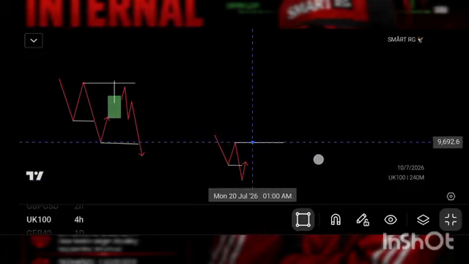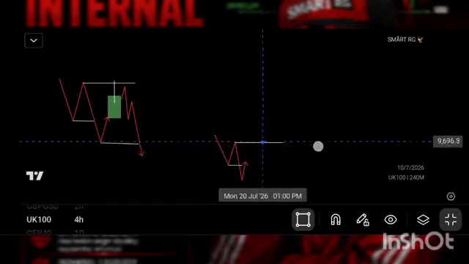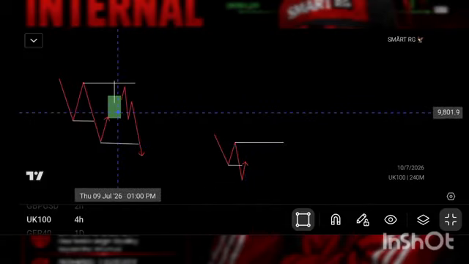So we are paying attention to this particular point. Is it going to be working as a structural point or an internal liquidity? Now you see this particular lower high. One thing about a lower high is that once it has been used as an internal liquidity, with swept liquidity, we are going to be expecting what?